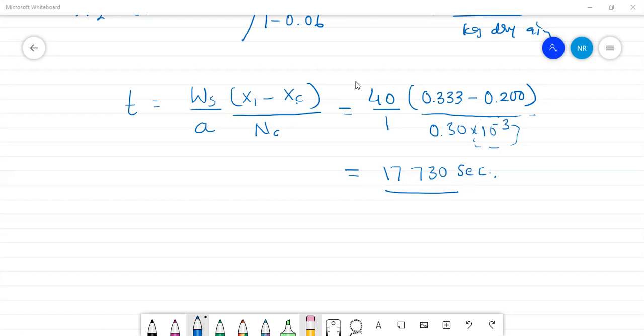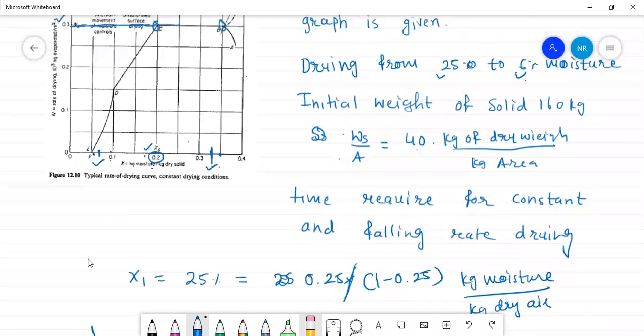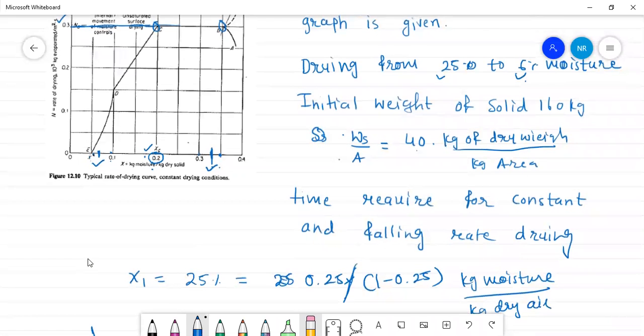We have to draw a curve of 1 divided by n versus x. So starting from 0.2 to 0.6, we have to take different points.